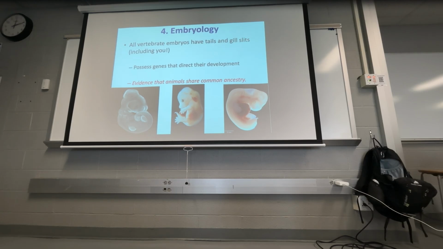But being a vertebrate anatomist, when we say gill slits, we're talking about the pharynx. You guys have heard the term pharynx before? It means throat, right? So in this instance, we're talking about pharyngeal arches, which become gill slits in fish.